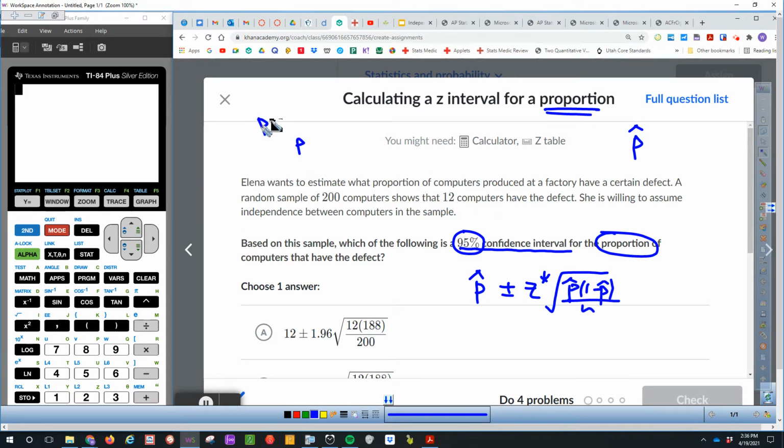So what is p again? p is from your population. This is your true population proportion, and we don't know that. That's a question mark. But what we do know is that we have a sample.